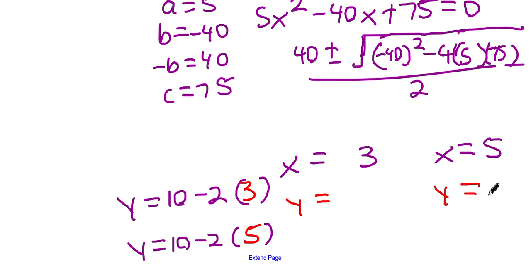So if you have two x values, you need two y values. 10 minus 2 times 3 is the same as 10 minus 6, which is 4. And the other one is 10 minus 2 times 5, which is 0.